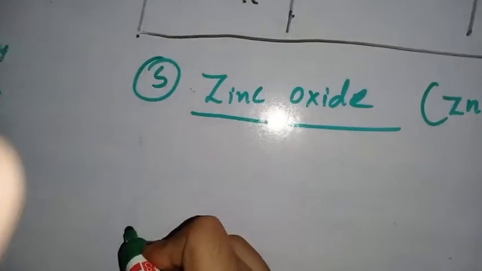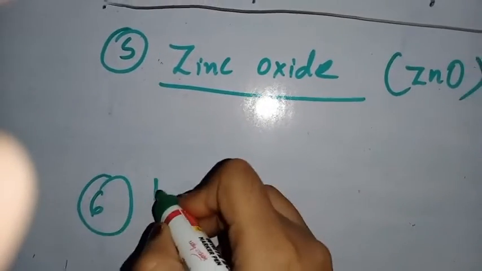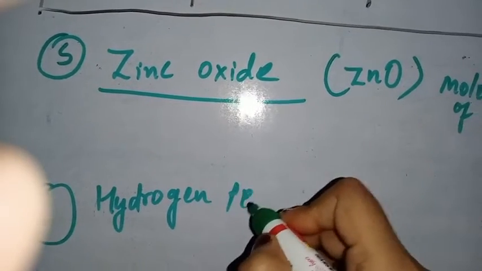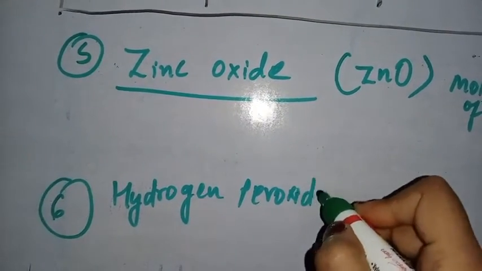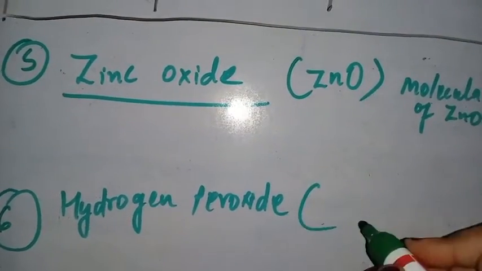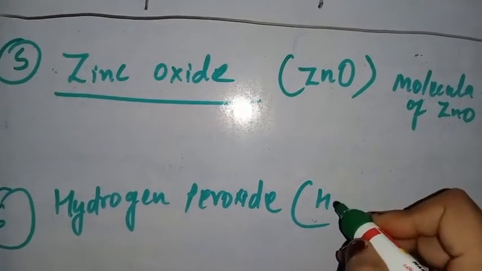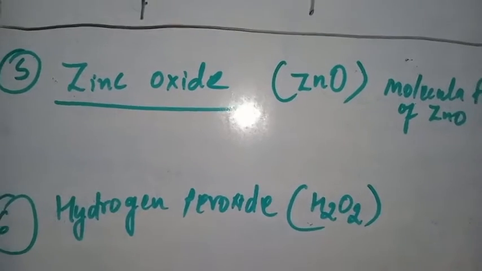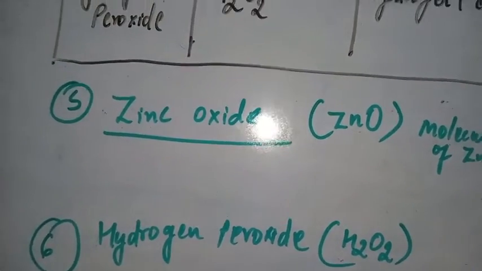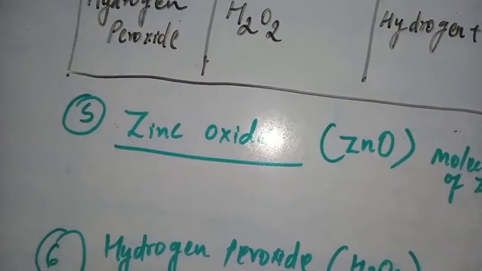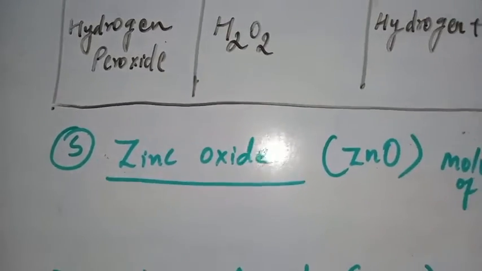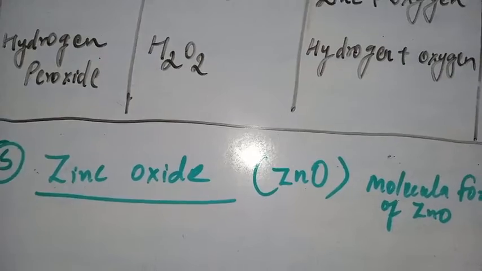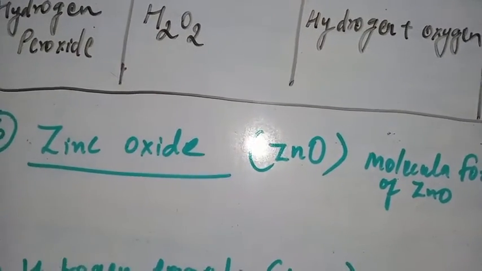Okay, sixth one is hydrogen peroxide. The formula of hydrogen peroxide is H2O2. Be careful with the chemical formula and also the atomic mass. Some of you have written the atomic number in place of atomic mass and found the ratio, which is wrong.